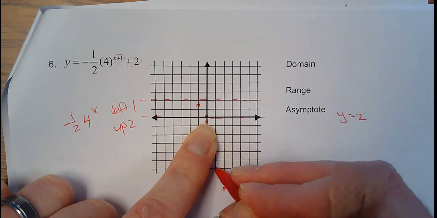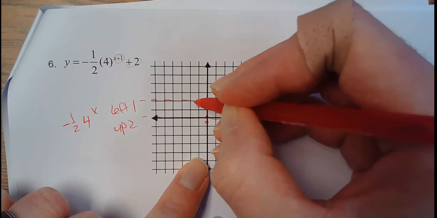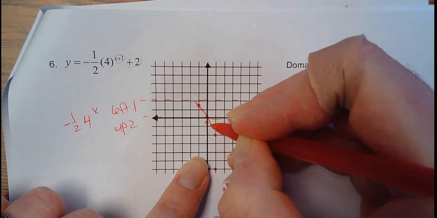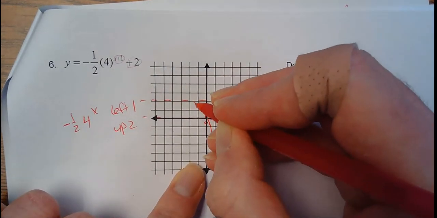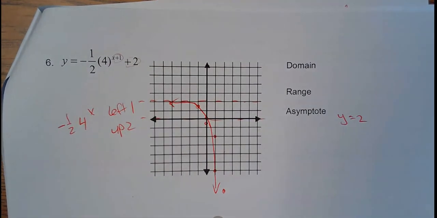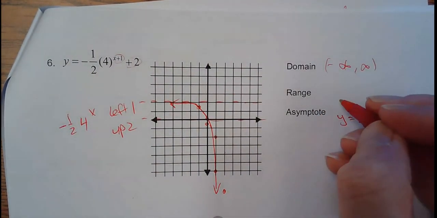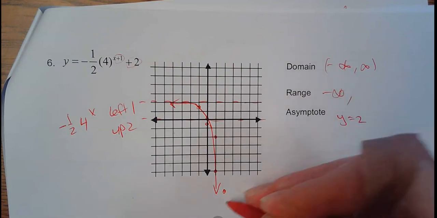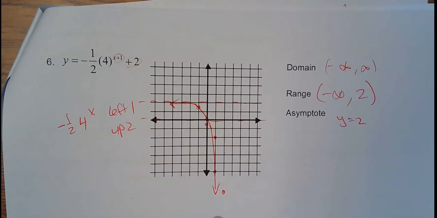So it'll be here, left 1. So these points, not that one, I'm aiming for this guy right here. It goes like that. Okay, so my domain would be -infinity to infinity, and my range would be -infinity up to 2, not including 2, and you got your asymptote of y equals 2.